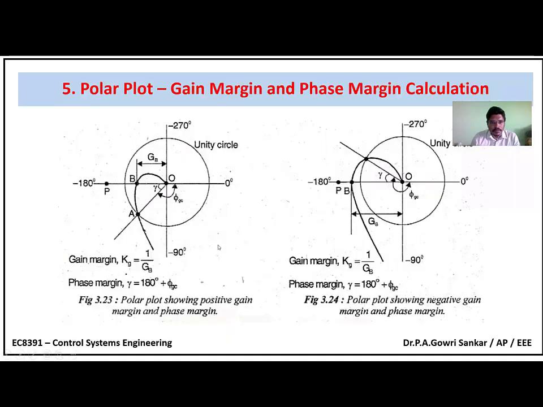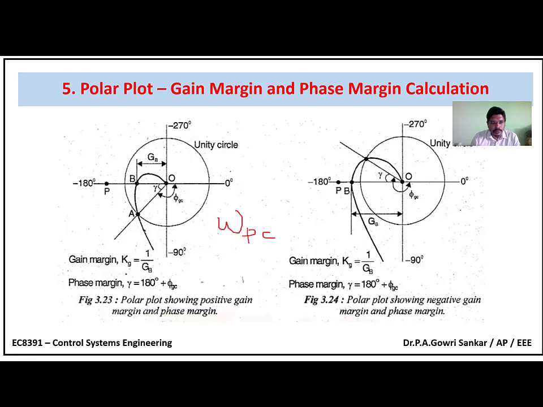So just listen to this diagram. Whenever your plot crosses the minus 180 degree line, at that time the frequency is called omega, the phase crossover frequency.